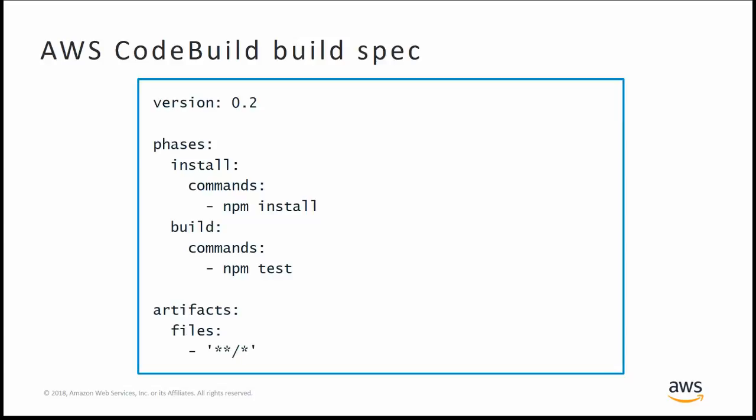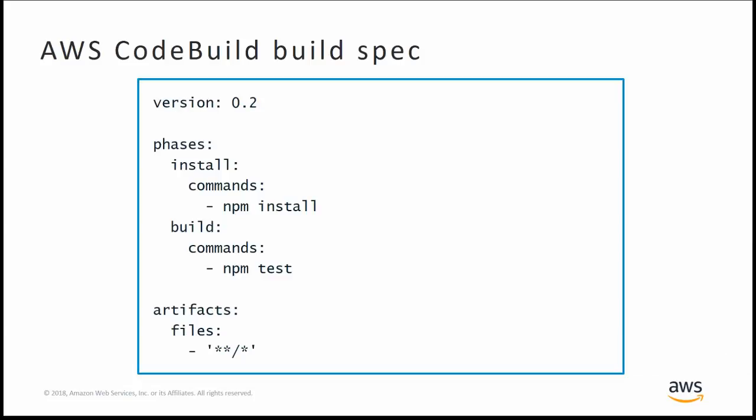And for each of these, you can specify what commands you want Code Build to run. And then Code Build will tell you success or failure for each of them. So you can really narrow in on what failed during your build. So here I'm using npm install and npm test. This is a Node.js application.